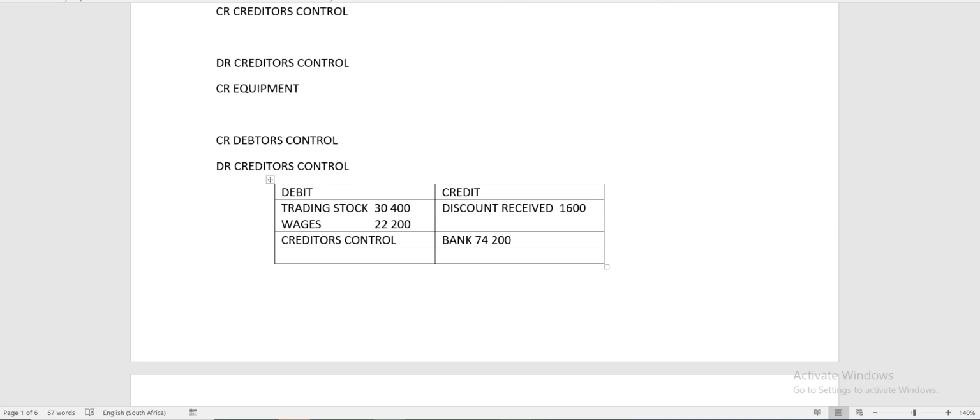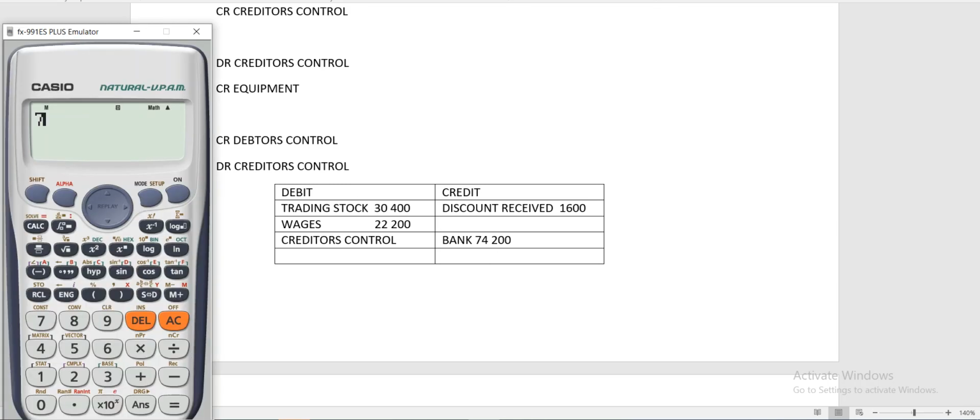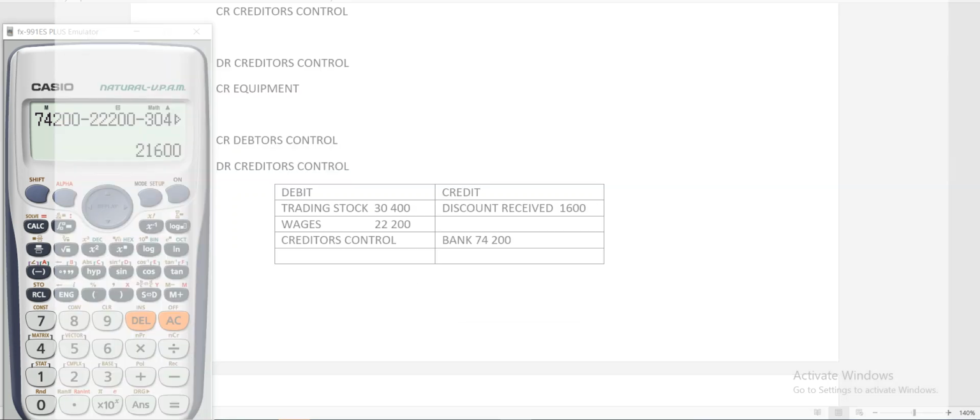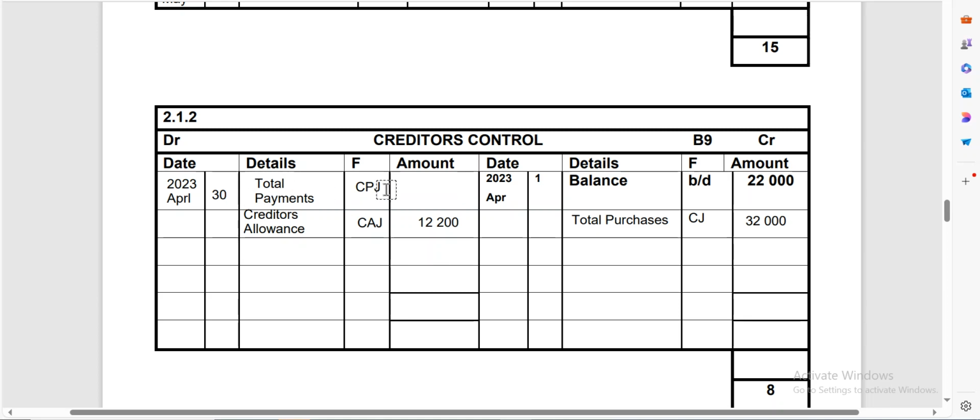So if we say 74,200, and then we subtract our 22,200 for wages, and we also subtract the 30,400 for trading stock, it will give us the 21,600. This discount we cannot use because we don't know what exactly it was for. So this 21,600 will then be the figure that was paid to the creditors.